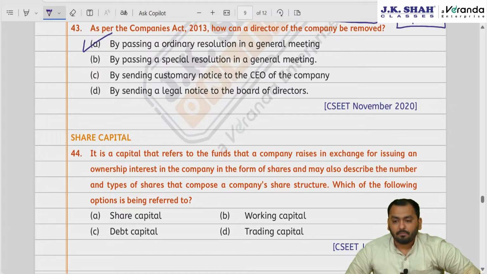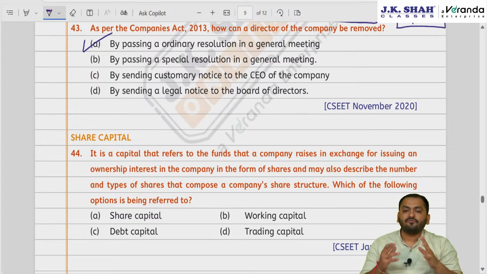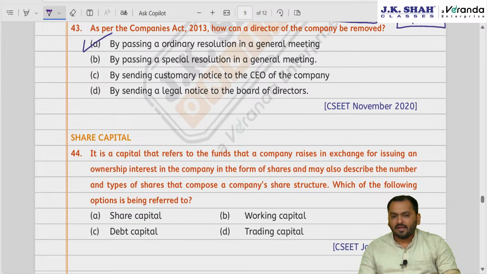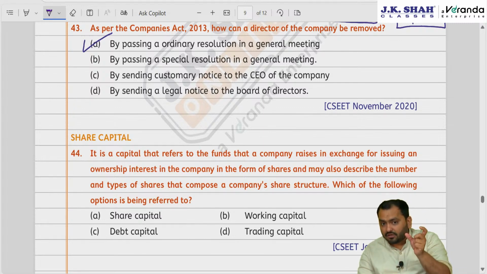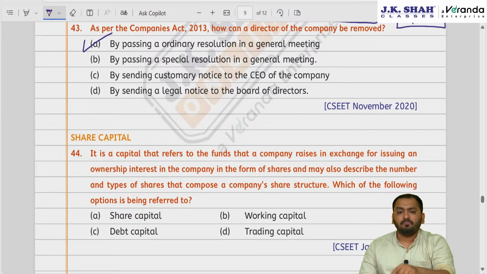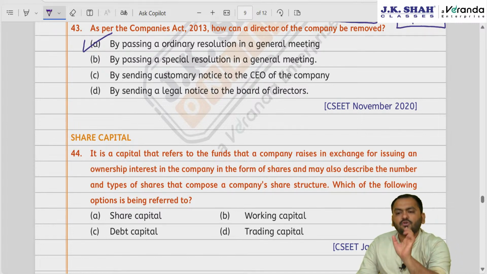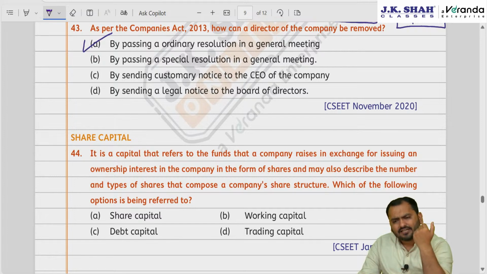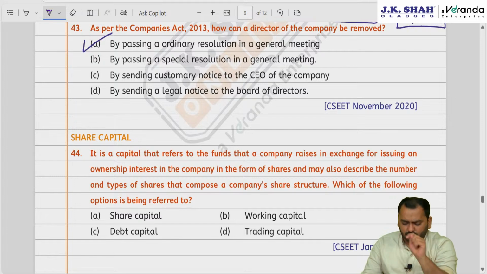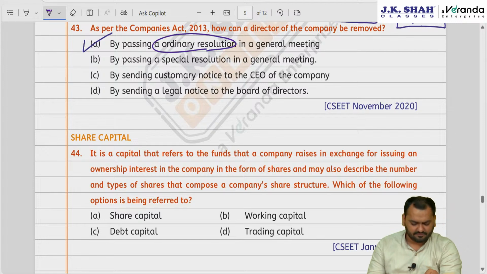But if company wants to remove an independent director who is already reappointed, meaning an independent director is appointed for 5 years, after 5 years he can be reappointed for another 5 years. Removing an independent director can be done just by passing ordinary resolution, same as all directors.